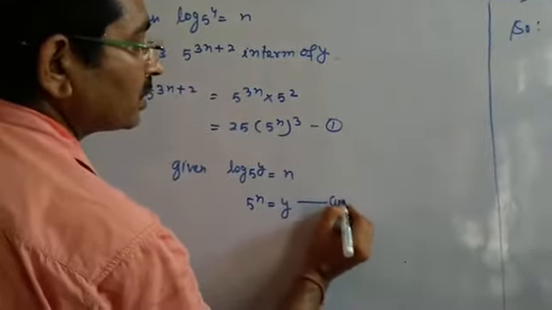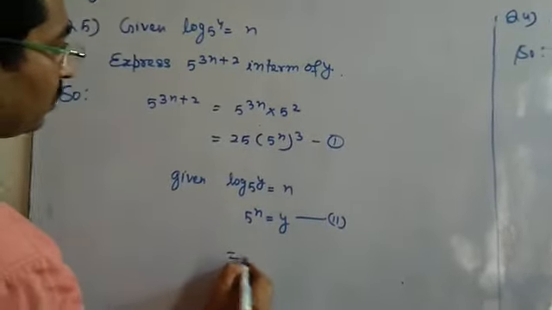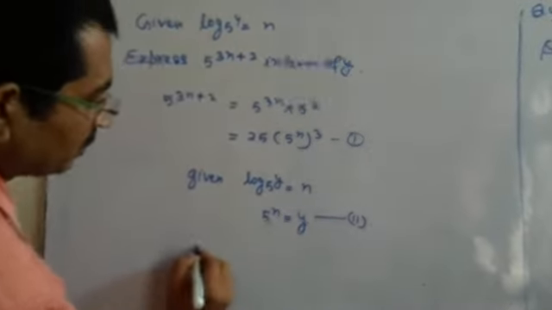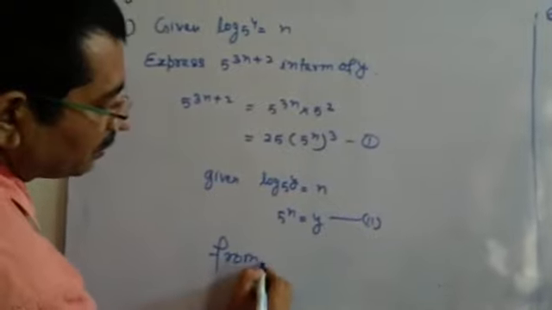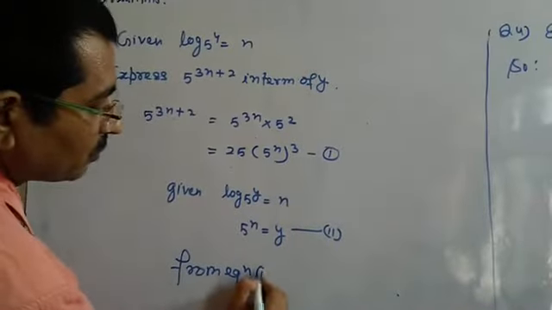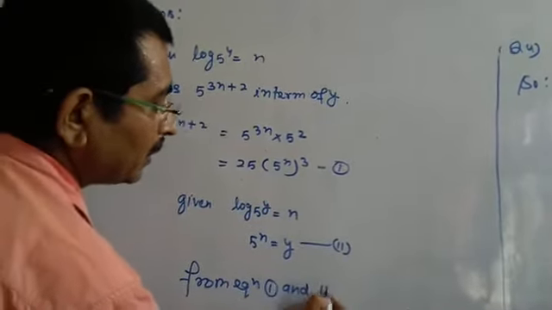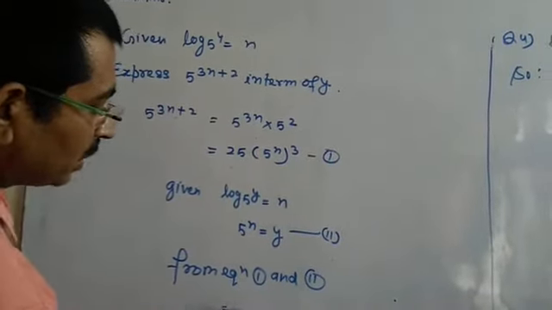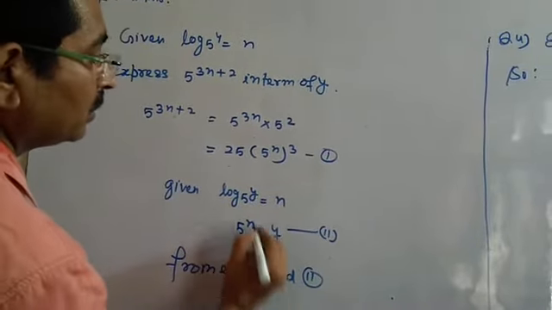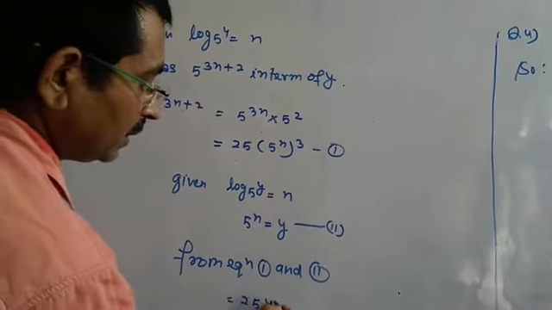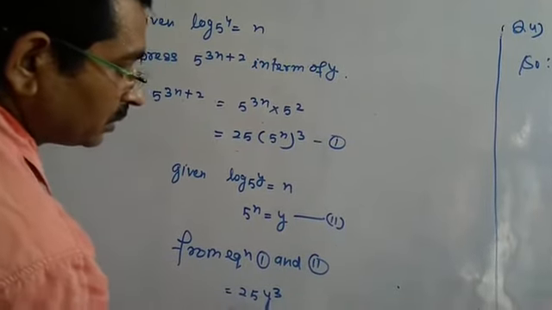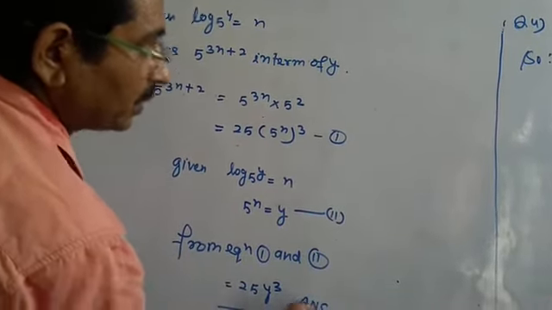This is equation 2. From equations 1 and 2, we get 25 y cube. This is the answer.